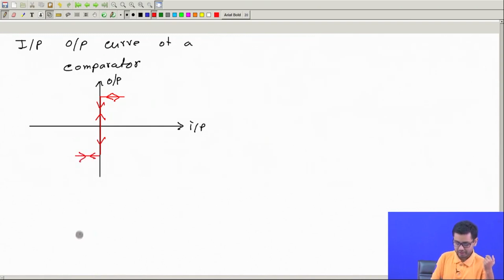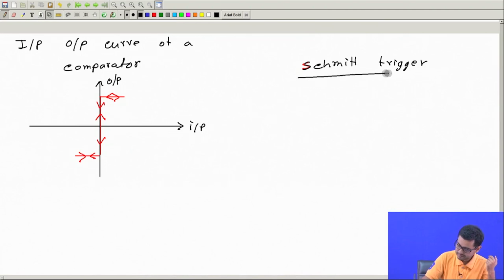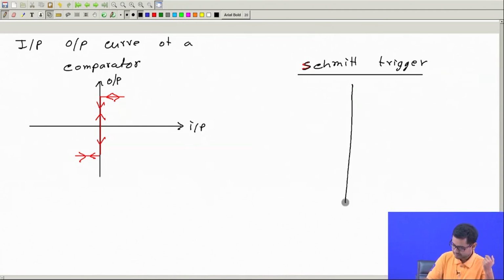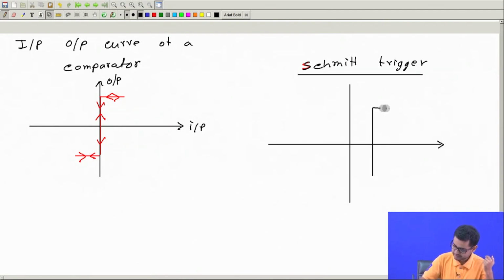So this is for a comparator, and for Schmitt trigger, it is like this. Okay, let me put arrows.